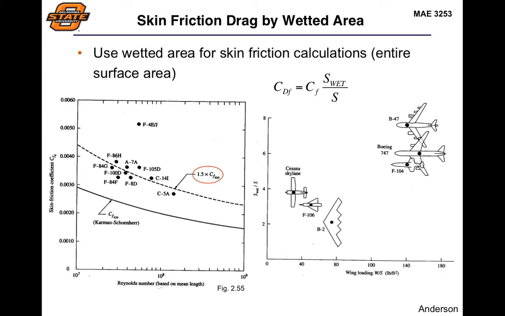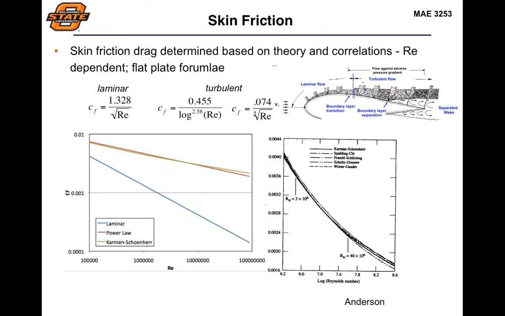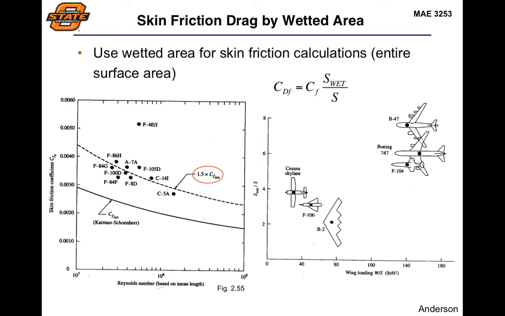Going back to these skin friction values, let's assume that for the most part on our aircraft, not on our wing, but on our aircraft, the flow is going to be turbulent, and we'll be using the turbulent skin friction equation accordingly.